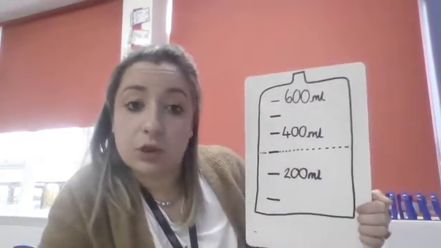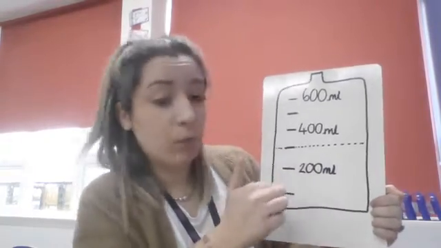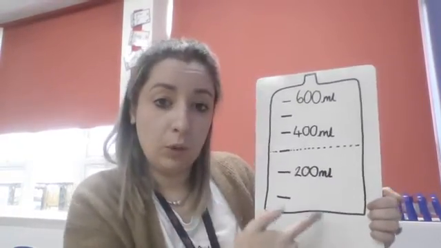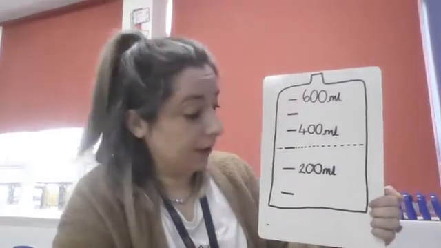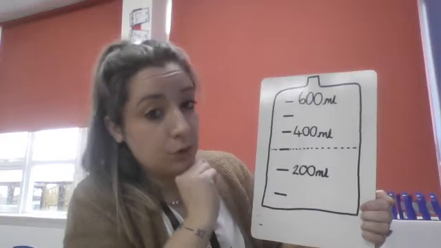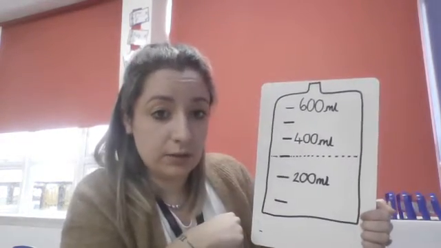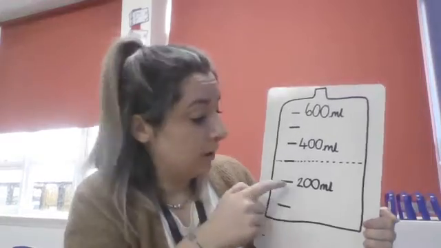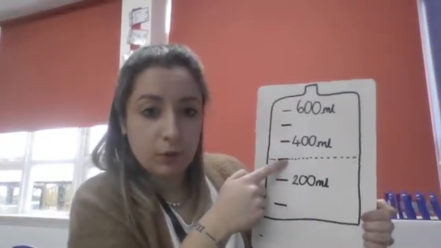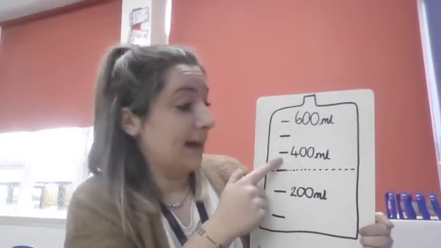Sometimes it doesn't jump up in hundreds, so we have to double check. If I was jumping up in hundreds, would it follow the correct order? Let's say we've got 200. After that, if I was jumping up in hundreds, it would need to be 100 more than 200, which is 300. 100 more than 300 would be 400, and it's there.